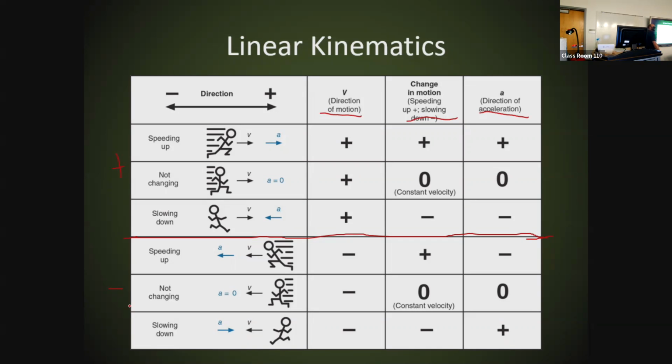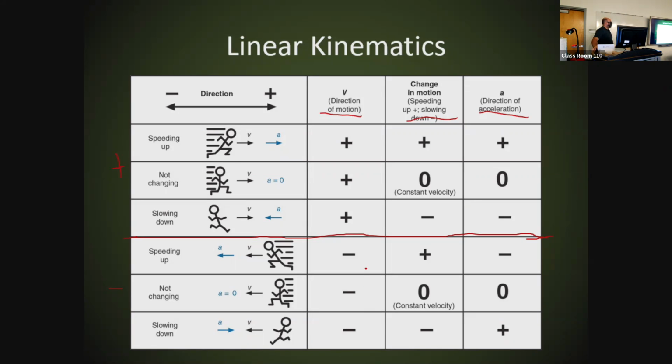And the acceleration is moving in a negative direction, in what we are perceiving as the negative direction. Moving to the bottom, where the individual is now moving to the left, their direction of motion is negative.